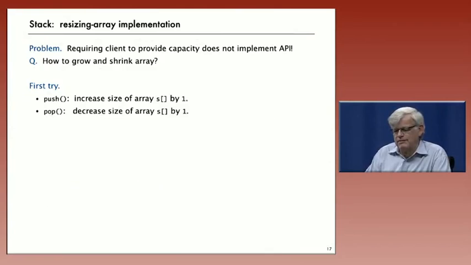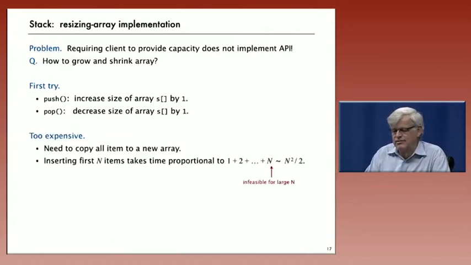Well, the first thing you might think of is when the client pushes a new item onto the stack, increase the size of the array by 1, and when it pops, decrease the size of the array by 1. That's easy to code up, but not worth it because it's much too expensive. The reason is that you have to create a new array, size 1 bigger, and copy all the items to that new array.